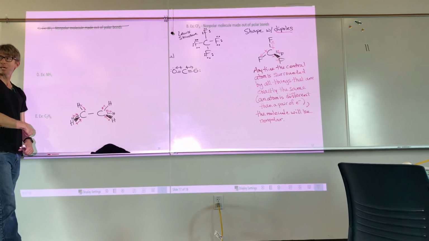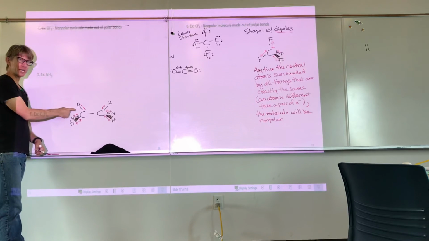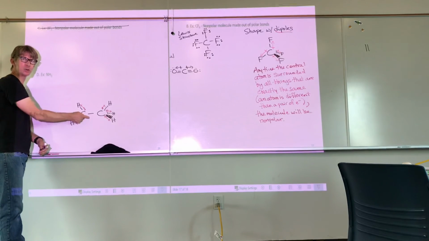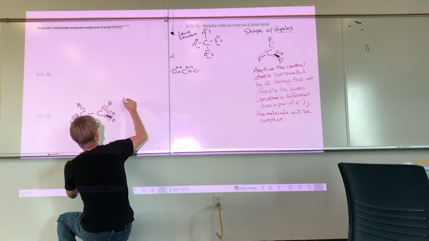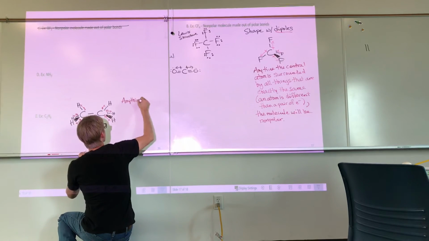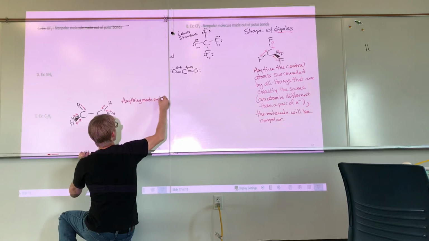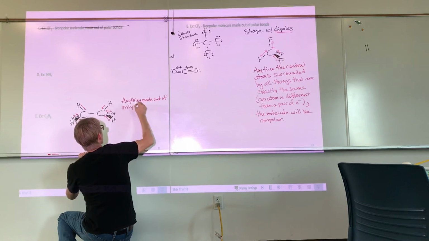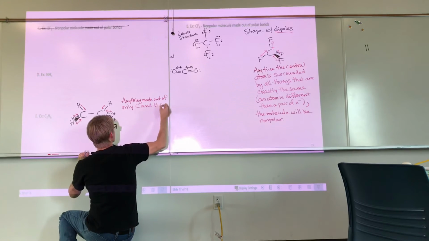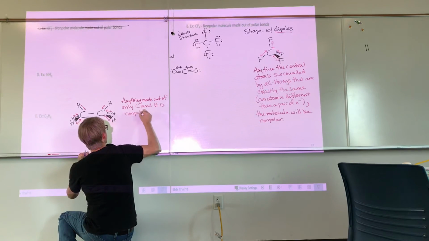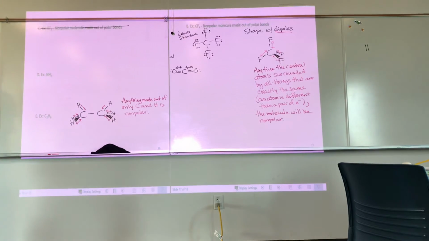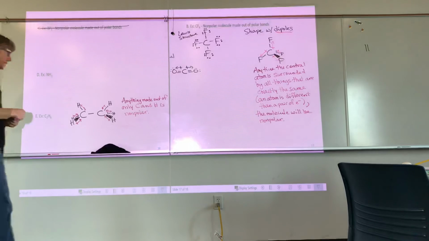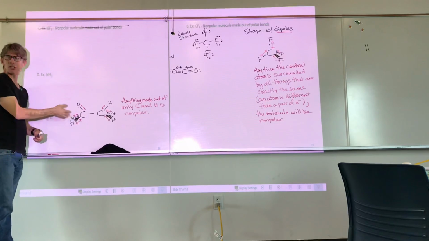Now, I will have an additional rule for my class. And then actually this is everybody's rule. Anything made out of only carbon and hydrogen is nonpolar. And in fact, the way that some people teach it is that if the difference in electronegativity is small enough, they're nonpolar.